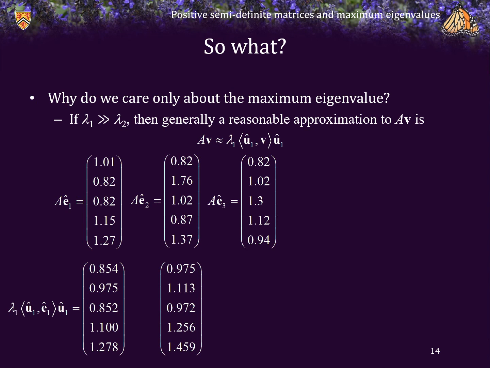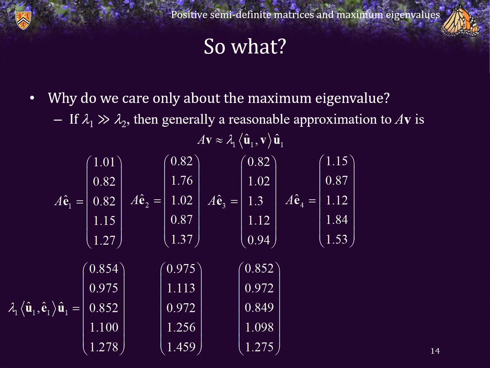Times a third canonical basis vector gives us that result. Projecting the third canonical basis vector onto the eigenvector multiplied by lambda1 gives us this result. And once again, it's not a bad approximation. Not necessarily great, but as a first estimate, it's not bad.